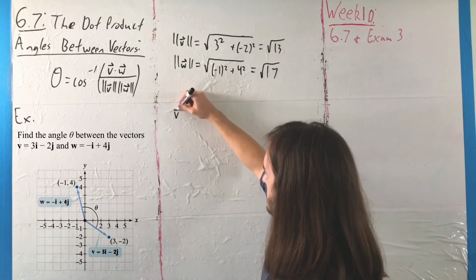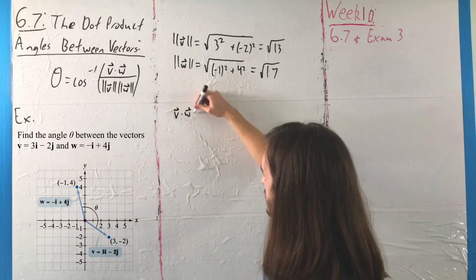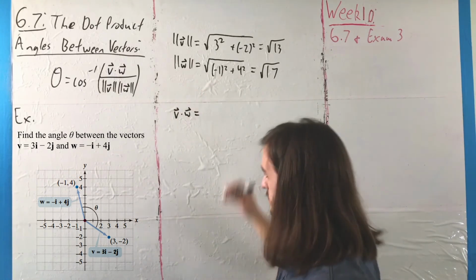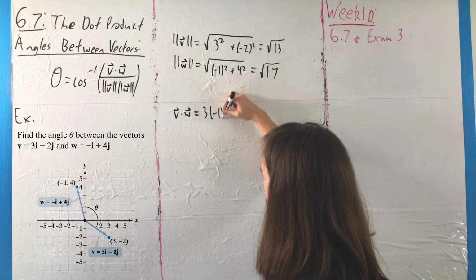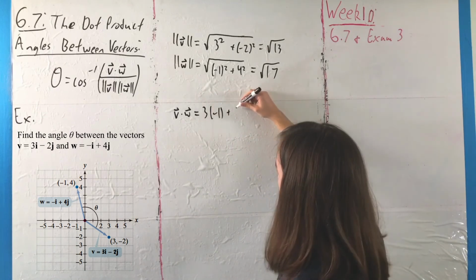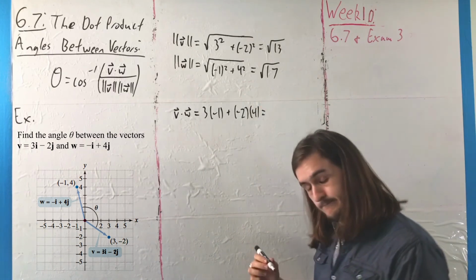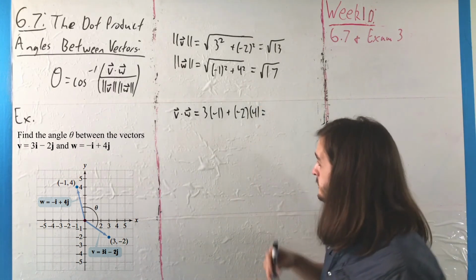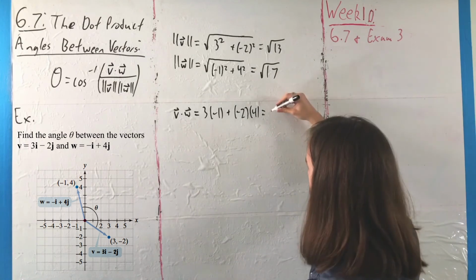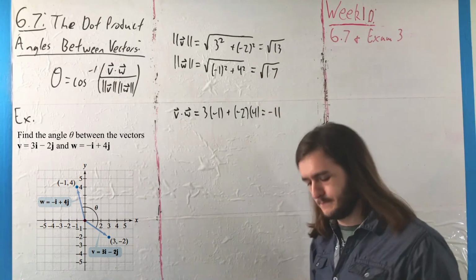And then we need our dot product. That v dot w will take form here: 3 times negative 1 plus negative 2 times 4, or if you prefer, and most would, negative 11.